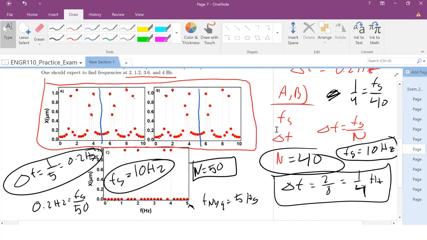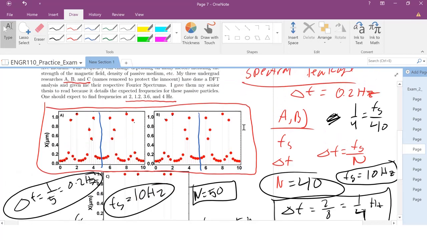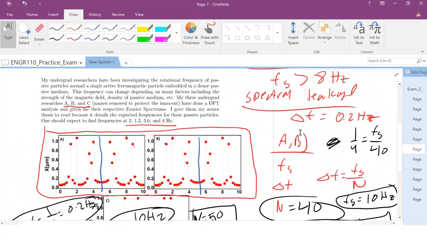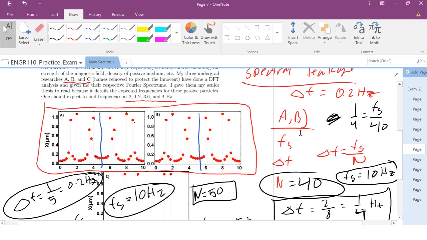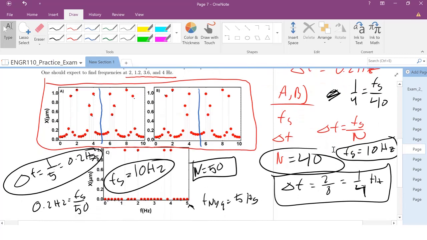So let's scroll back and answer the second problem. Let's say for A and B, will I have signal aliasing? What is my sampling frequency for this value right here? 10 hertz, right? The sampling frequency for A and B is 10 hertz.